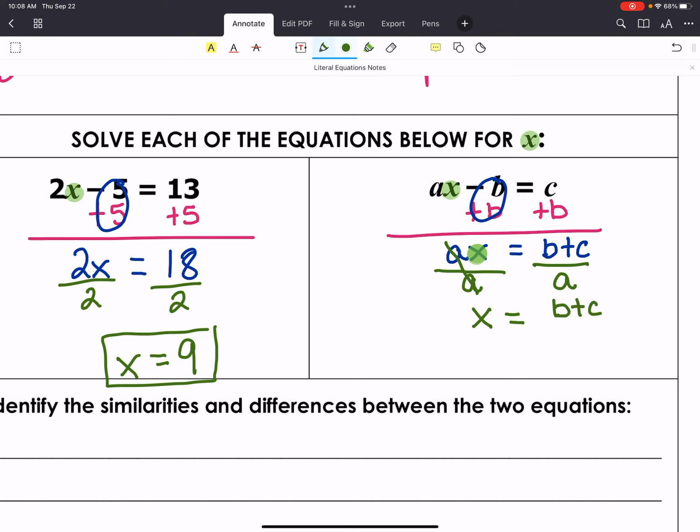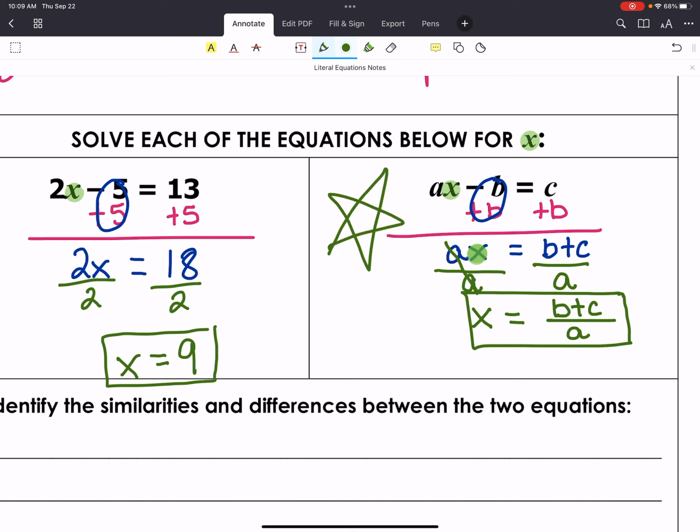And over here, we're going to leave that as b plus c over a. There's nothing else we can do with that problem. And this, what we did right here, you have just worked with your first literal equation. It's an equation with multiple variables. Here your variables were a, b, c, and x.